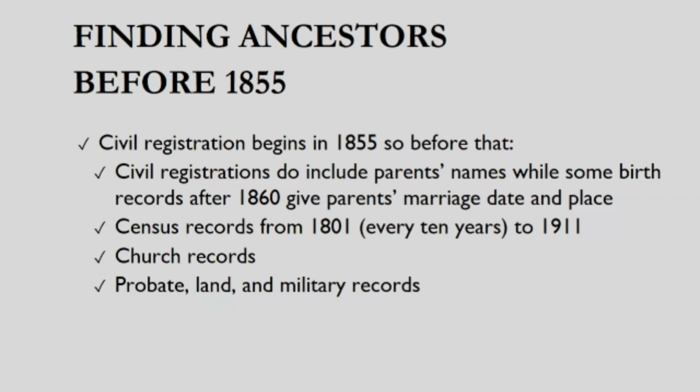So census records won't be available to the public until 100 years after. Even though the 1921 has been released, it can currently only be looked at on Scotland's People, and we'll talk about that in a minute. Probate, land and military records would be other records that you'd be looking for before the civil registration started.